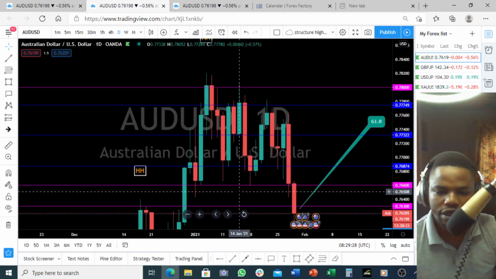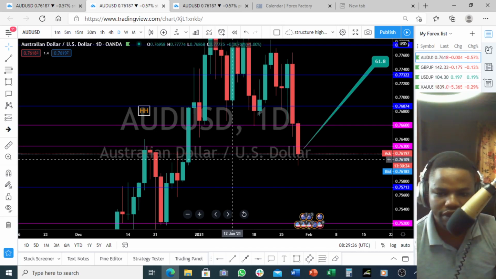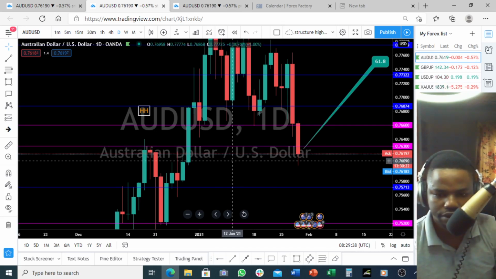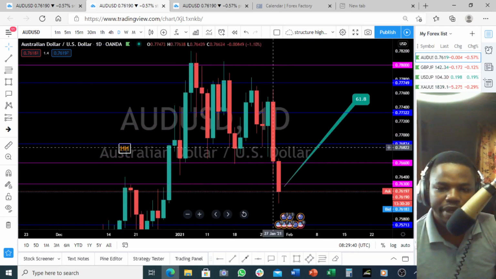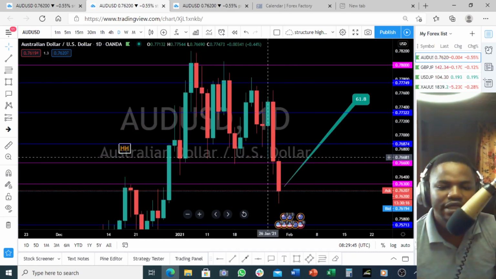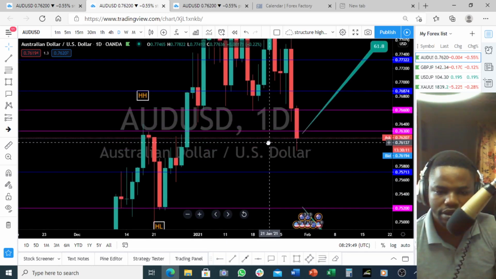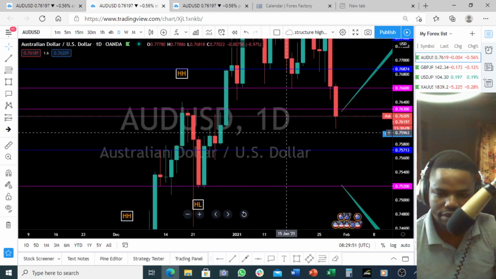According to the daily, one other thing, I was marking the levels that price tested most of the time at this point. I didn't want to mark each and every level, to clutter the chart. Then price consolidated here. Then price did not break structure according to these markings.